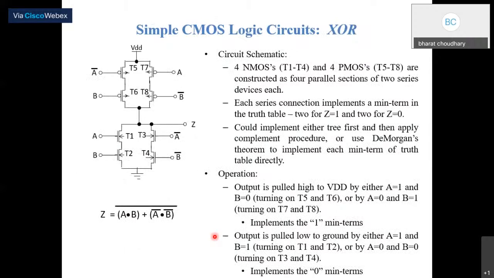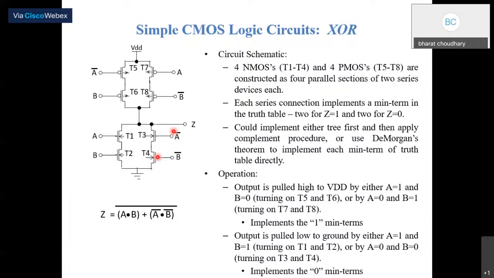Now we will discuss the XOR gate. Here, as we discussed in the previous slide, these are connected in series combination. So A and B, and the complements of A and B, are applied to transistors T3 and T4.